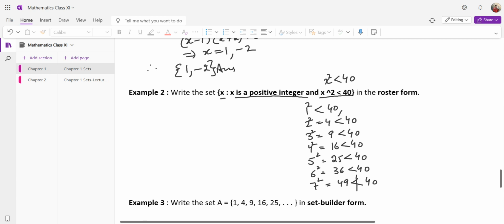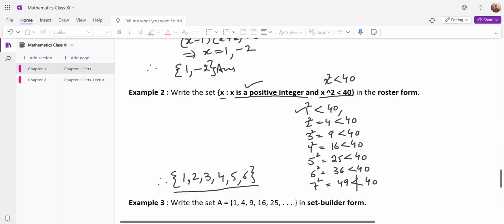And therefore the solution set in roster form: we will write all those integers whose square is less than 40, starting from the first. 1 will be in this roster form, 2, 3, 4, 5, and 6 will be in this roster form.